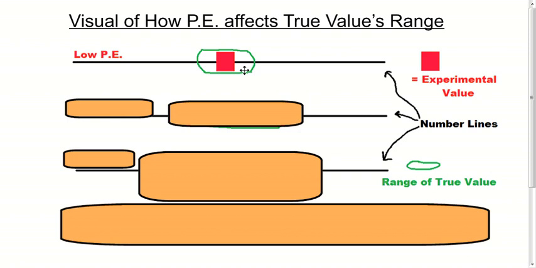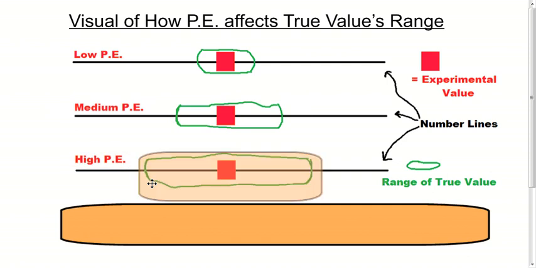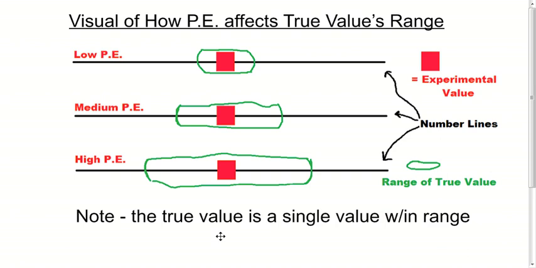If your percent error is small, that means your range is relatively close-knit around the experimental value. And as you can see, as percent error gets higher, the range of potential values increases. Now remember that the true value that we're talking about is somewhere within the range. It's not the entire range, it's just somewhere in it.